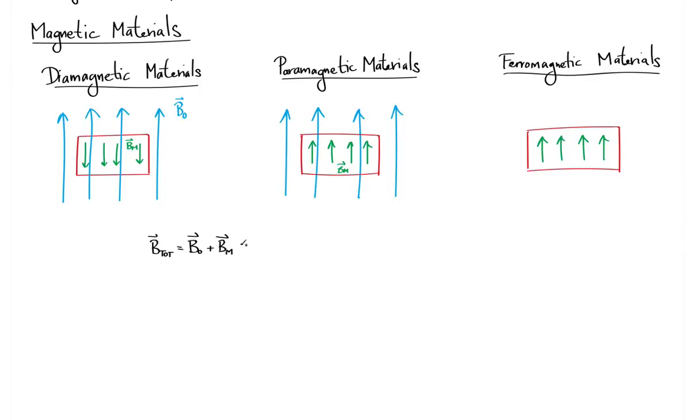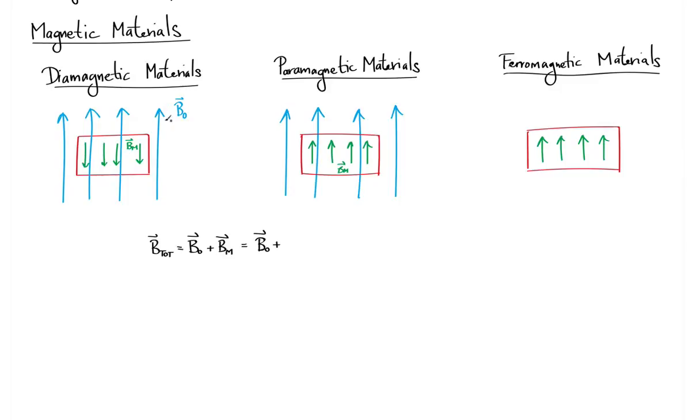Basically our treatment of diamagnets and paramagnets is very, very similar to what we did for dielectrics, okay? And exactly like the case for dielectrics, we found that the field generated by the dielectric was proportional to the external field applied. The stronger that you apply the field, the bigger the green arrow.